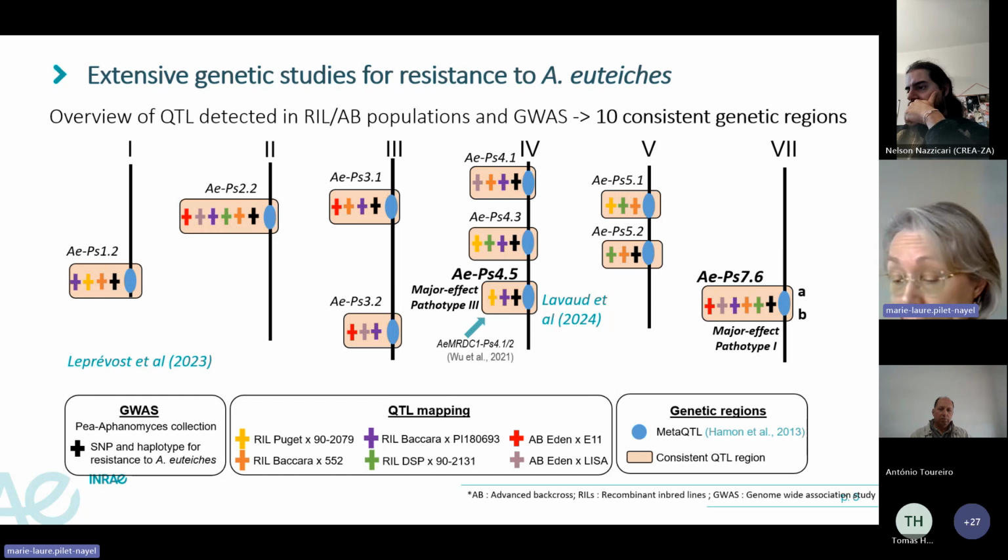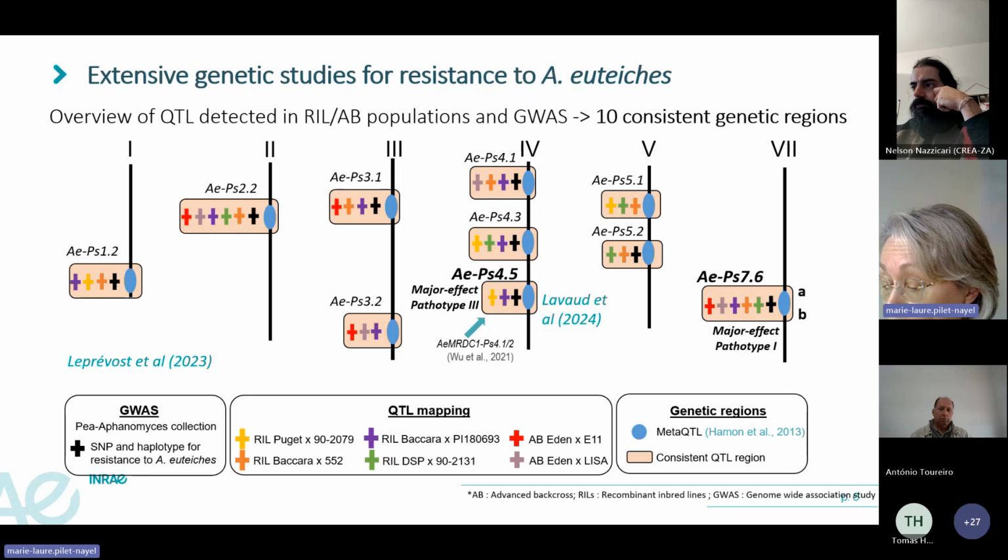And we identified 10 genetic regions which were consistently detected, distributed over 6 chromosomes. And especially, we detected 2 major effect QTL.